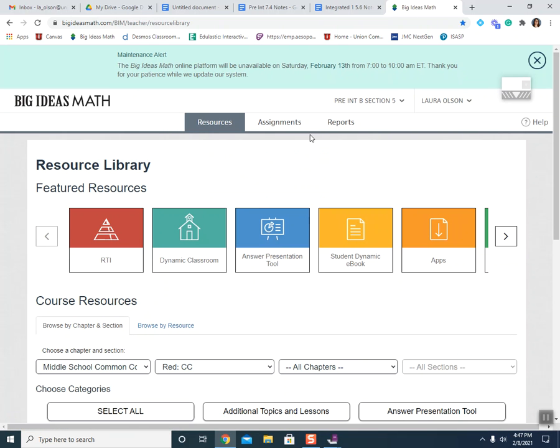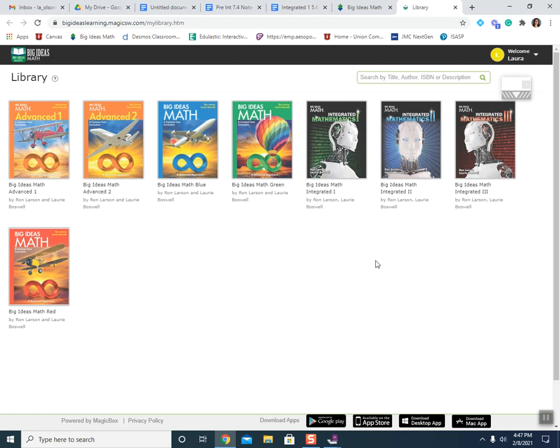If you log into Big Ideas, your homepage should look something like this. At the top part, there's going to be something called the Student Dynamic ebook. If you click on that, it's going to take you to an interactive page. You might have to click on our book.